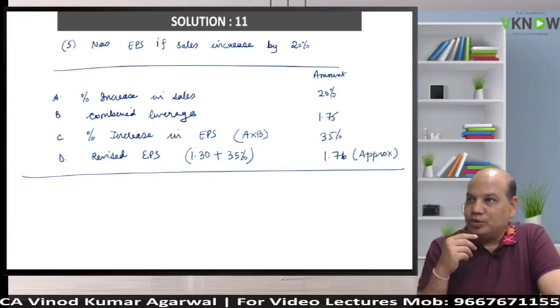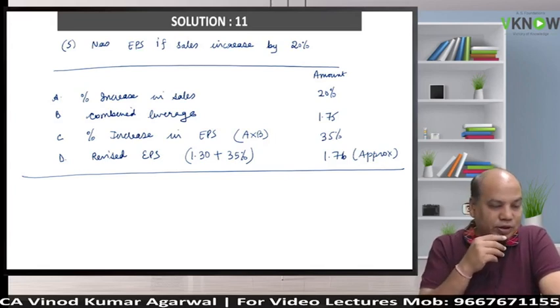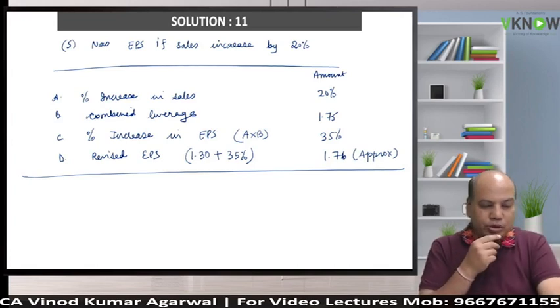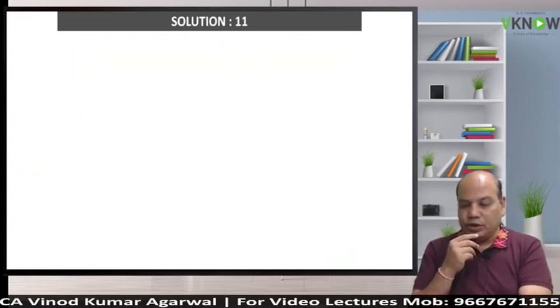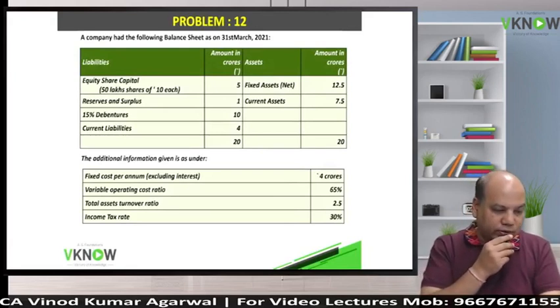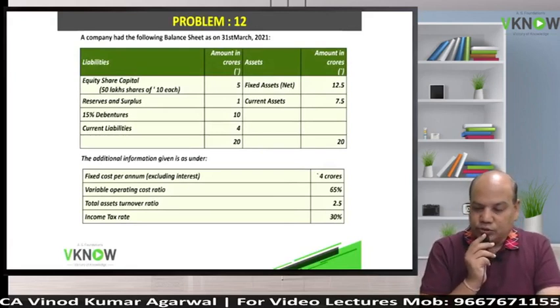Accordingly, you have to compute variable cost, depreciation, fixed cost, interest. So that will take a little more time. Preparing a full income statement will take more time. If you have idea of leverage, you can do it faster. So that was a very important question number 11. Now we'll come to question number 12.